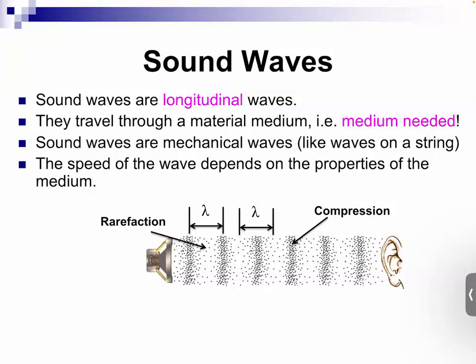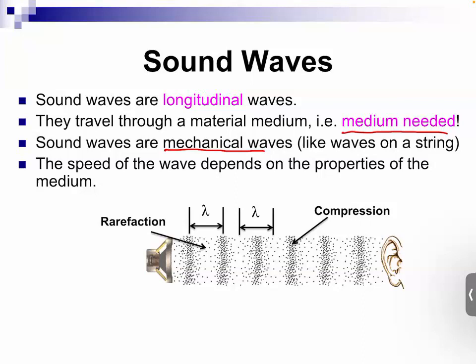So because of the way longitudinal waves propagate, they need a medium in order to propagate. And so whenever a wave needs a medium, we say that it's a mechanical wave.